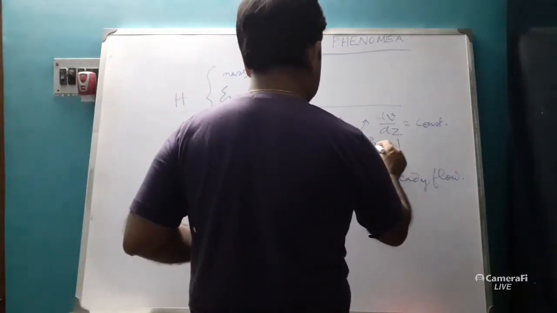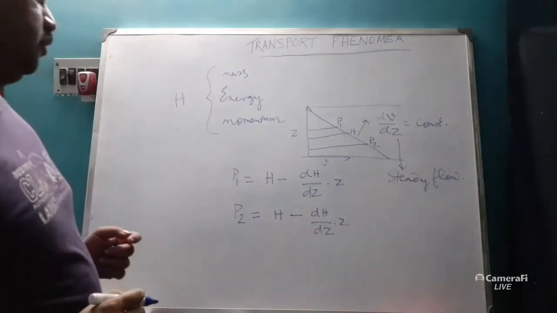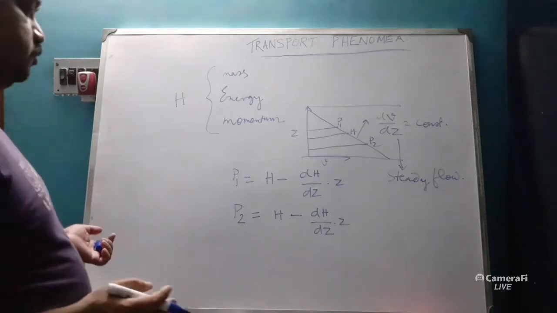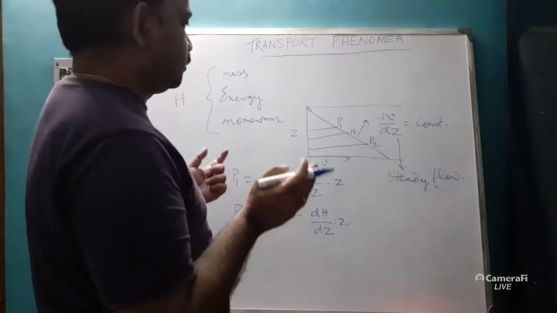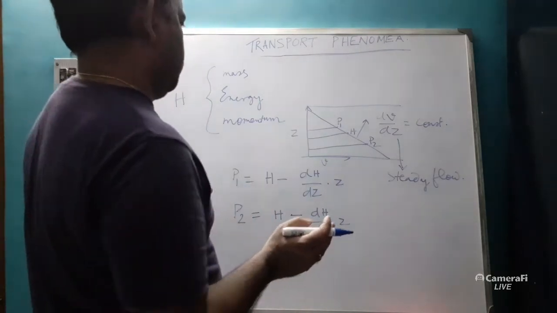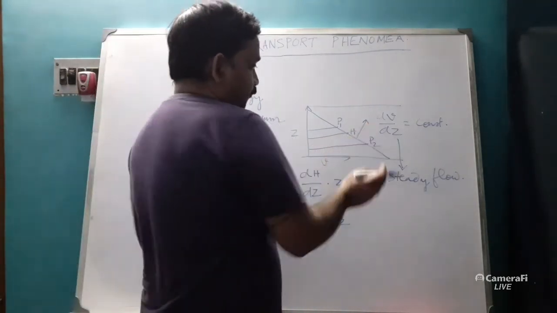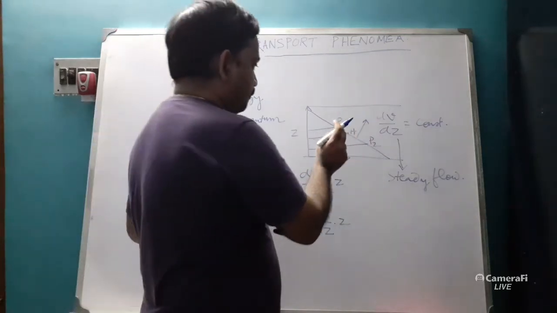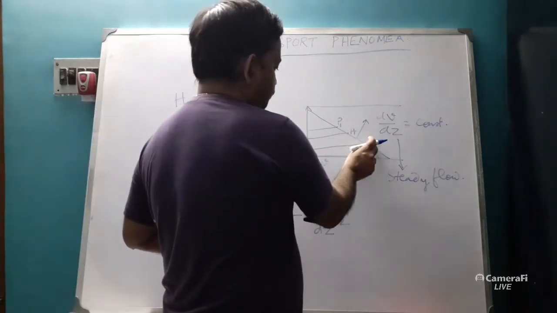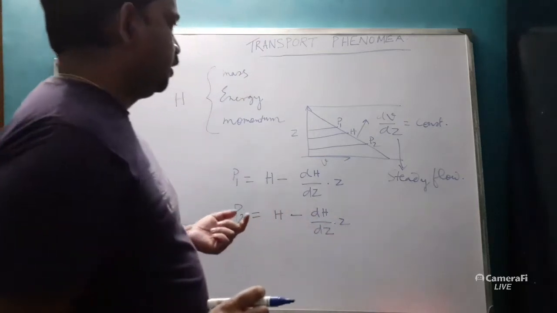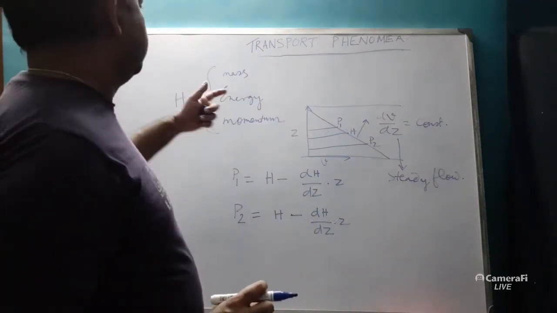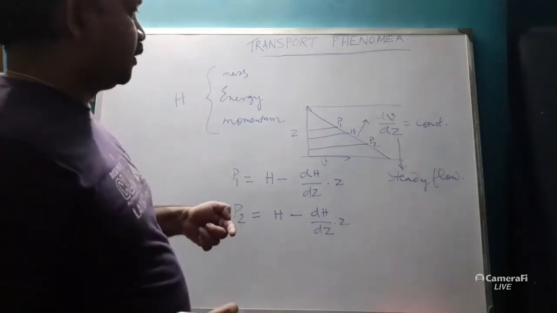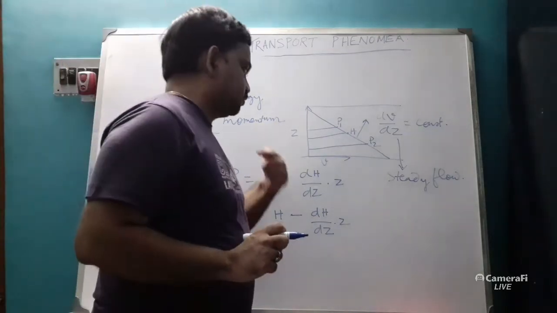Here P2 is pointed here. So suppose we consider the transfer of mass, the difference in the transfer of mass happening between point 1 and point 2 has to be determined in order to understand the transport of this physical quantity happening in this particular system.